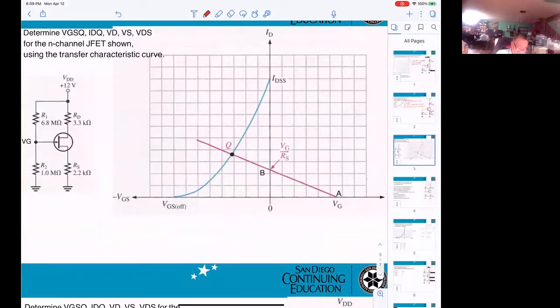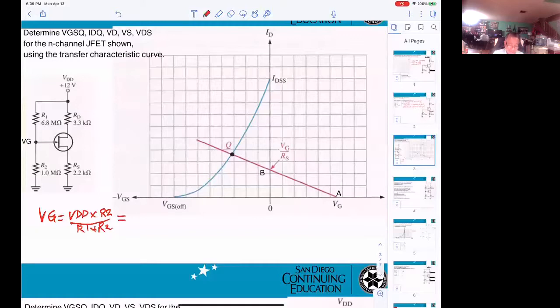Okay, so in this case, you understand that you know how to calculate the VG, right? The voltage divider will be VDD times R2, divided by R1 plus R2.